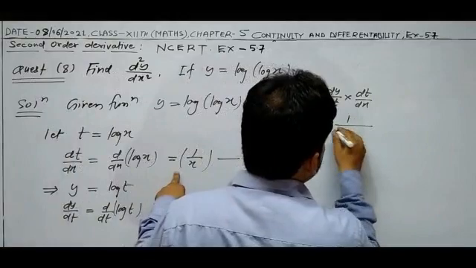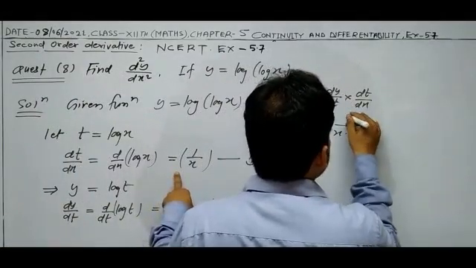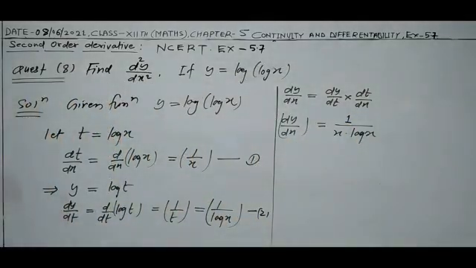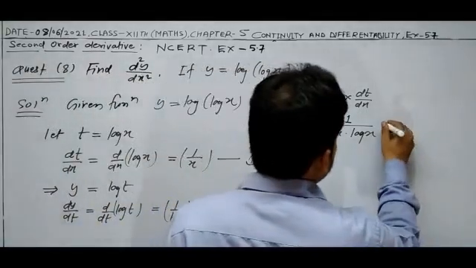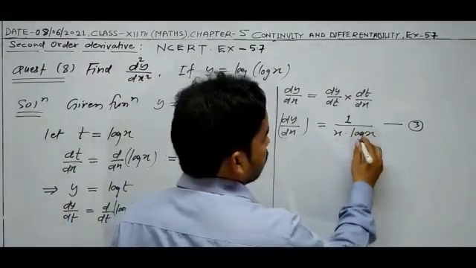So its result is 1 upon x times log of x. This is the value of dy by dx, and we have to find the second order derivative. So again differentiate equation 3 with respect to x.